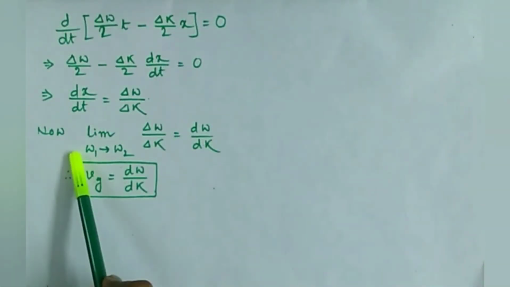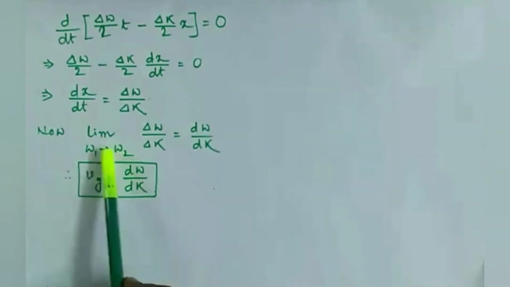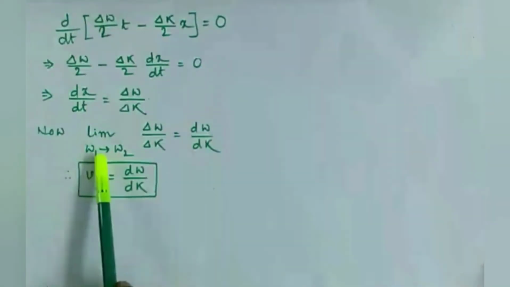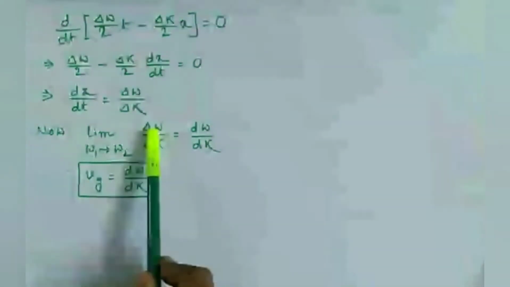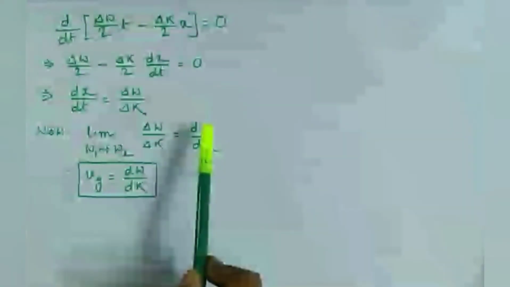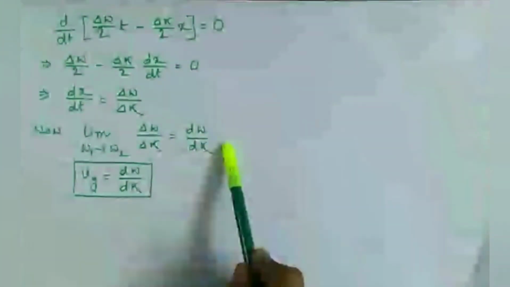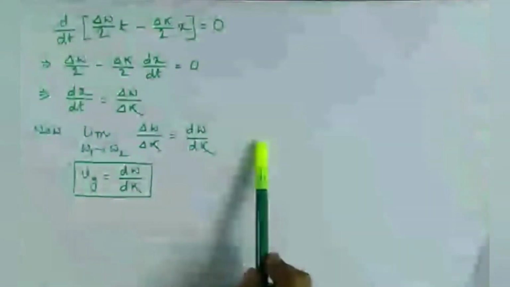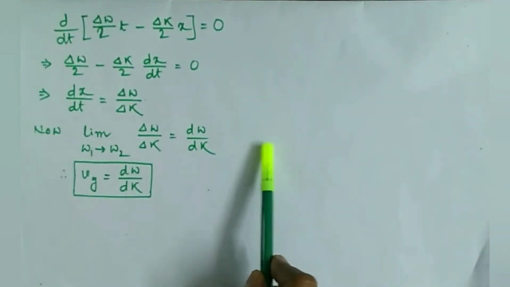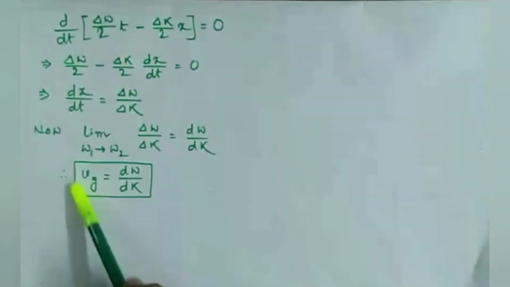Now omega 1 is very nearly equal to omega 2, so in the limit omega 1 tends to omega 2, delta omega by delta k equal to d omega by dk. This is the group velocity of the resultant wave or wave packet or group of waves, and it is denoted by Vg.